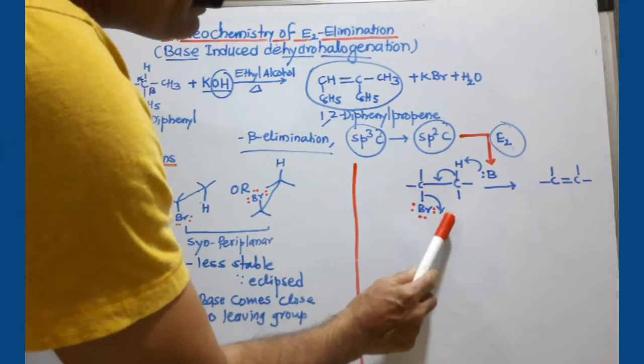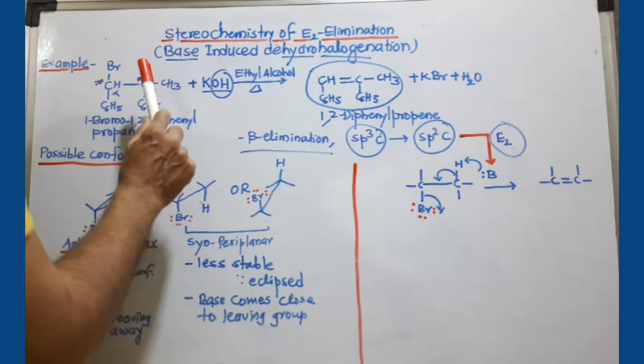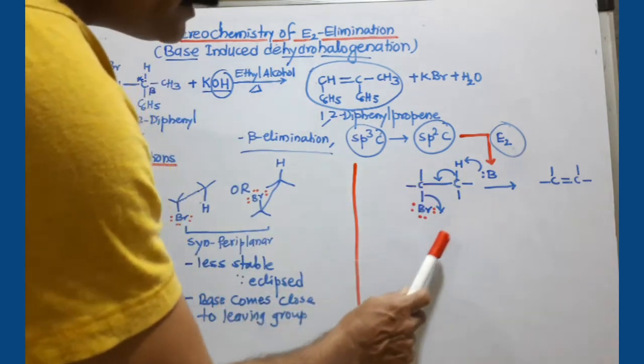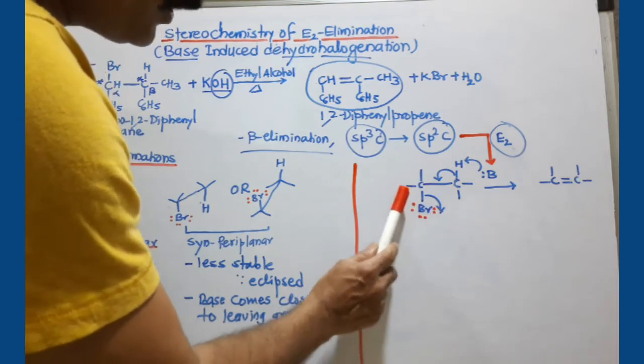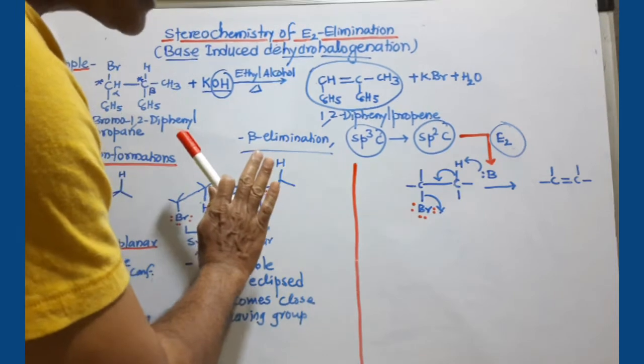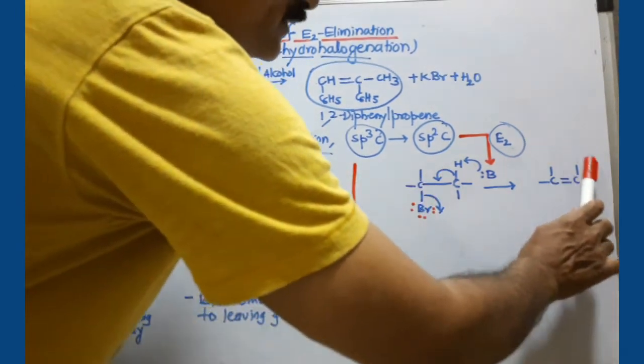At the same time, simultaneously, the leaving group, in this case halogen, is removed. You must remember there are three lone pairs on the leaving group. Then we get this alkene.